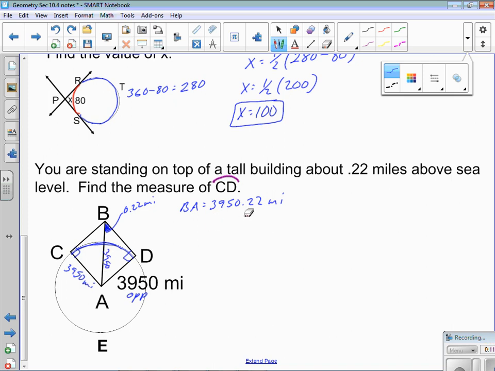So this 3,950.22 miles is the hypotenuse of that right triangle.